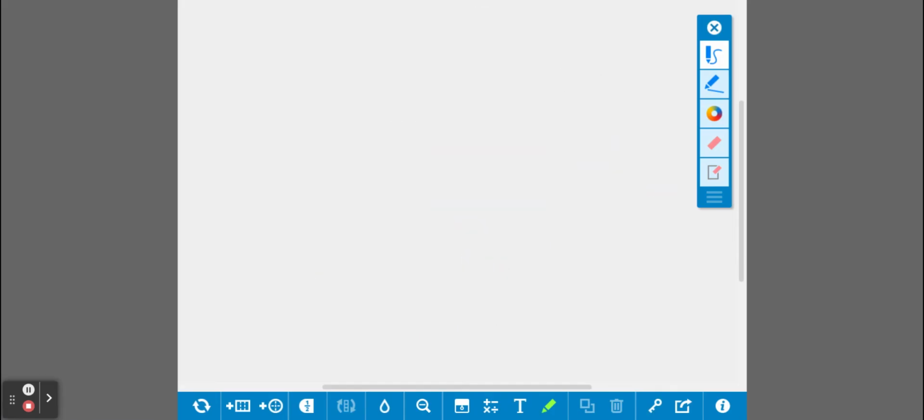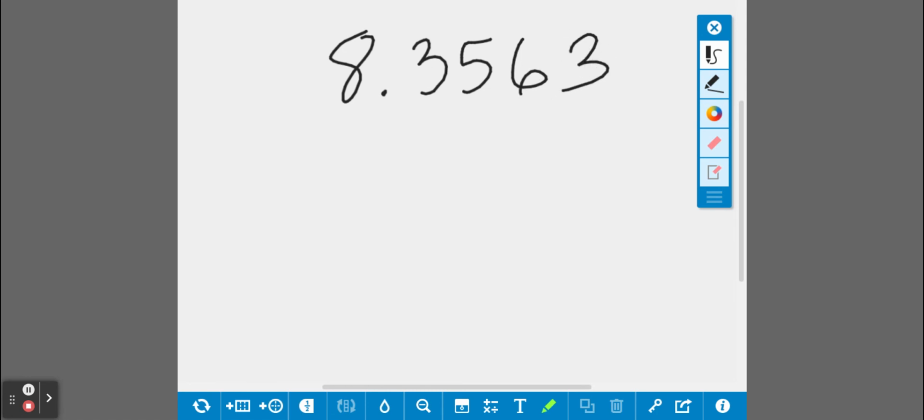Last one. Let's say it's a larger purchase and you're going to have whole dollars and cents. In your calculator, it gives you this. And you're like, oh, I don't even know what to do with that number. First and foremost, the 8 is going to stay. We don't have to even think about anything. We're just going to leave that there.